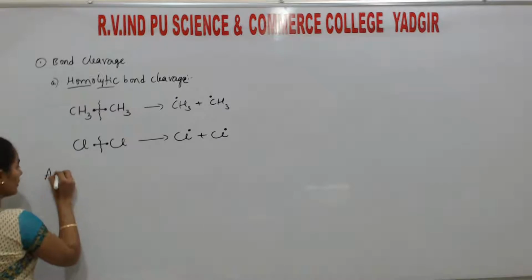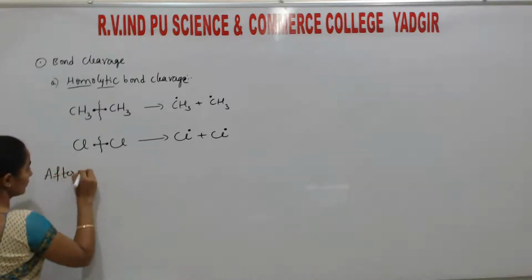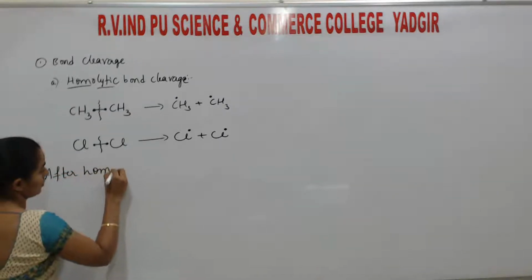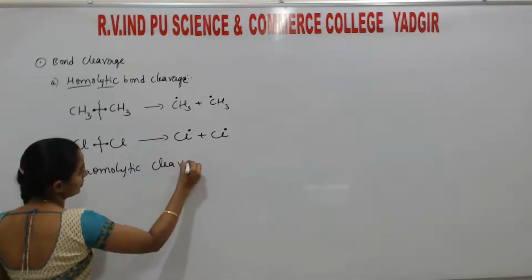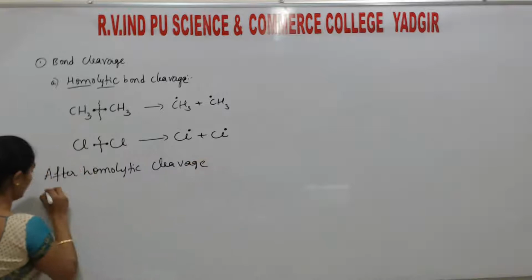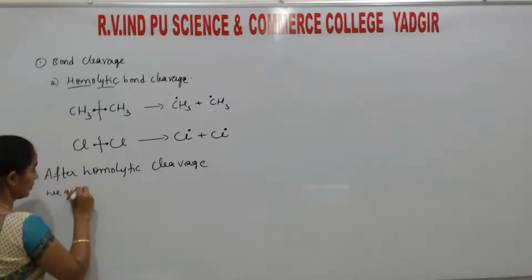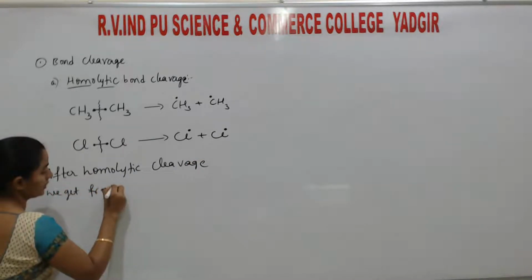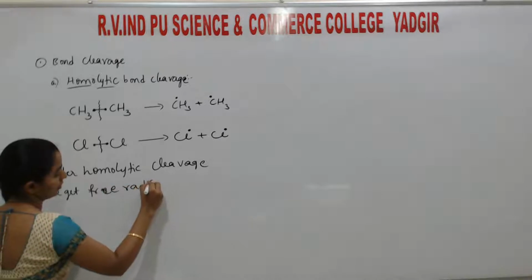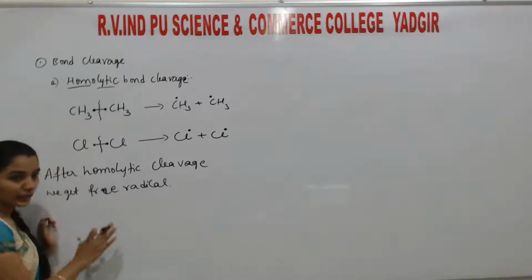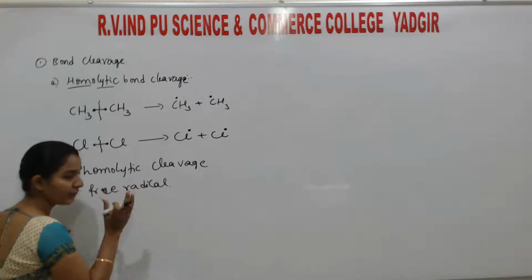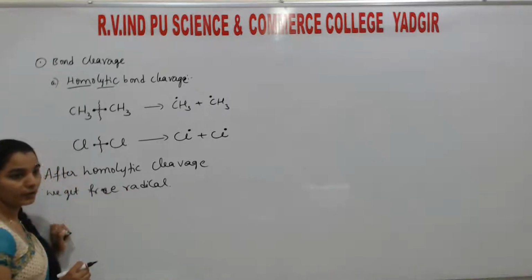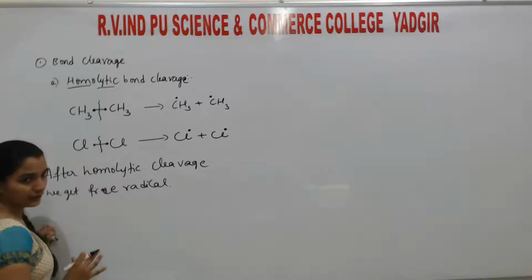So after homolytic cleavage, we get free radicals. Not only in this, in any case, if you do homolytic cleavage, you will get free radicals only. So this is homolytic cleavage.